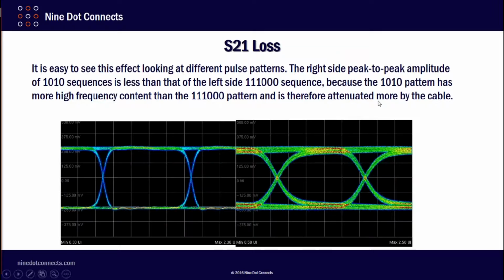That's because this pattern is actually a waveform that goes high, high, high, low, low, low. So it's a square wave of 1/3 of the frequency of this pattern. That means that the content of this pattern is going to be 3 times higher in frequency. Therefore, more of it is going to be attenuated by a cable.